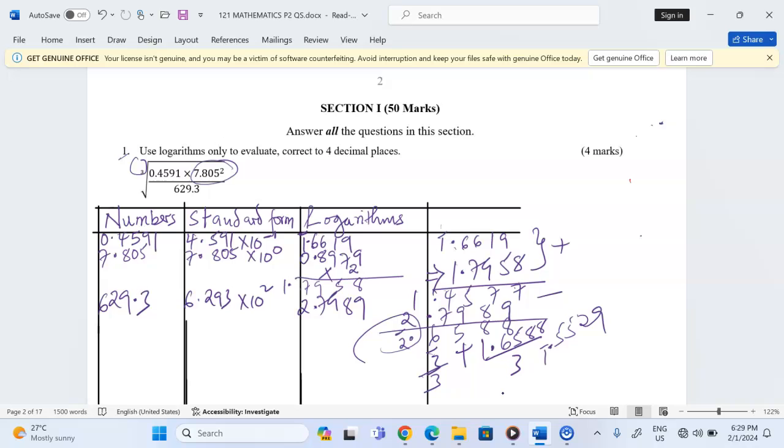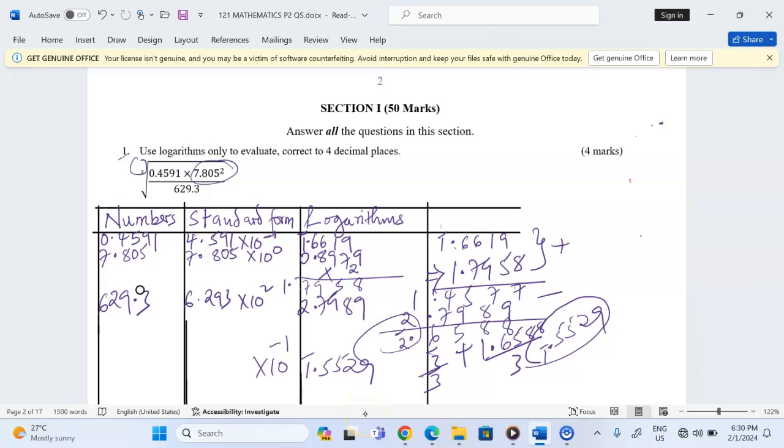So bar 1.5529 is what we shall get the anti-logarithm for. Because there is a bar 1, it means there is a 10 to the power of -1.